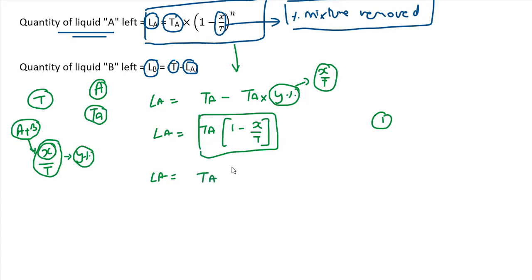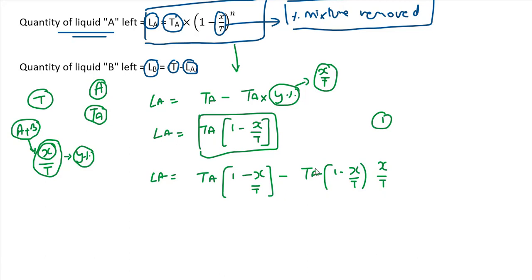So this will be TA into 1 minus X by T, minus the quantity which has been removed, which will be the initial quantity multiplied by the percentage of the liquid which has been removed. So percentage of liquid can be written as X by T.